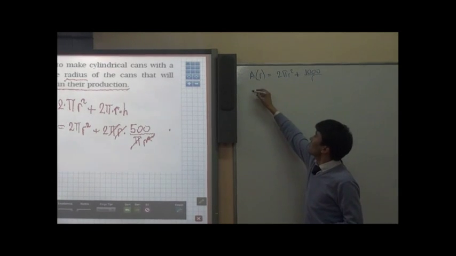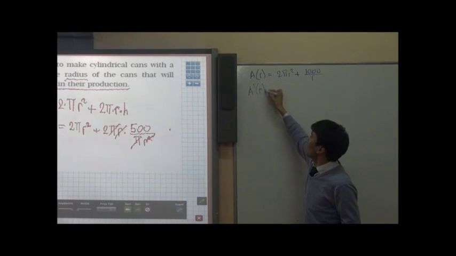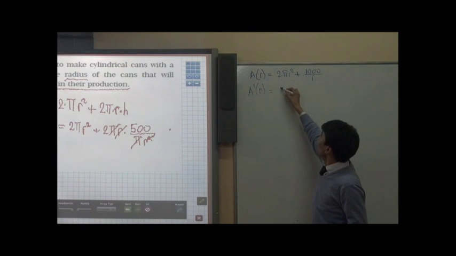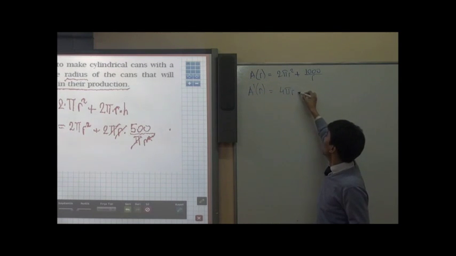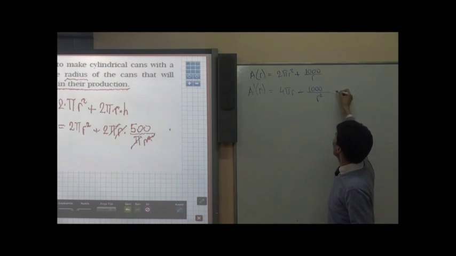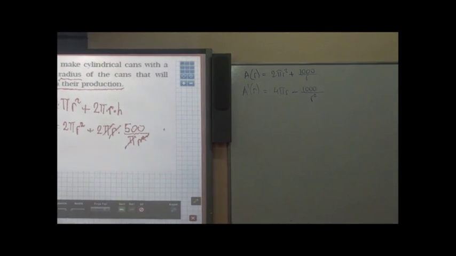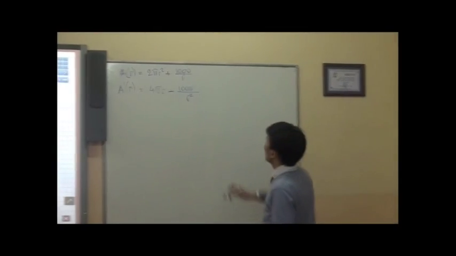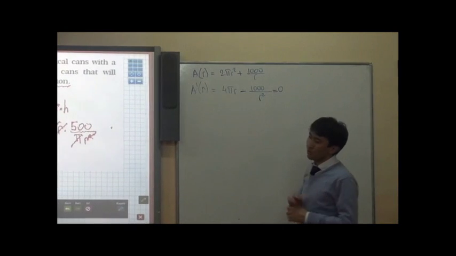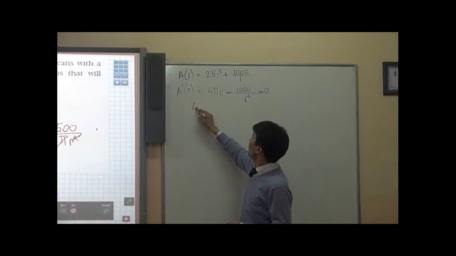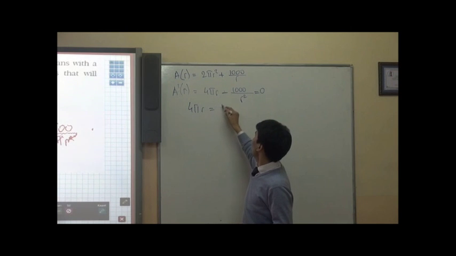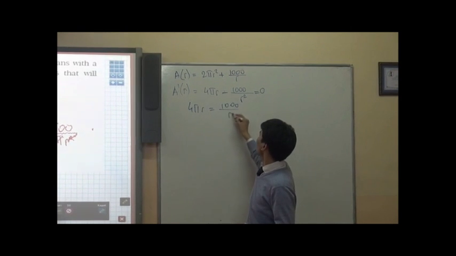To minimize this function, we have to take the derivative of the function. This will be 4 pi r minus 1000 over r squared. Is this clear? Now, if I want to minimize, I have to set that equal to 0. 4 pi r is equal to 1000 over r squared.